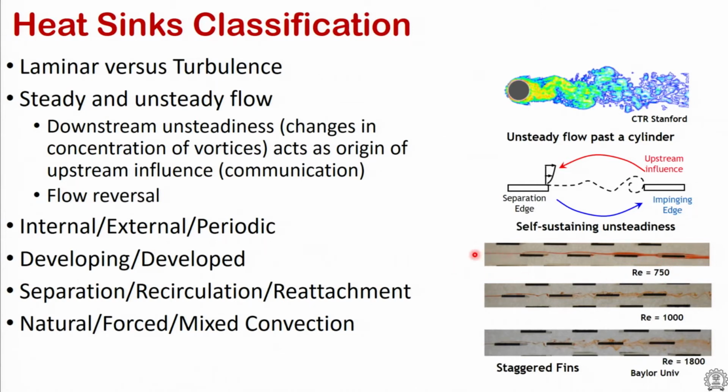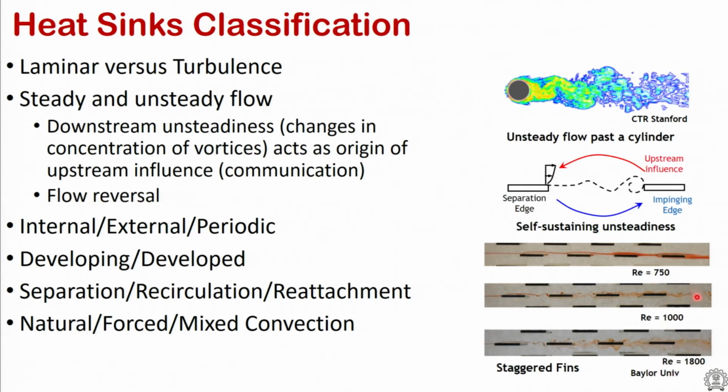As you put in a brown dye, there is not much of a change. This is very much a laminar flow. As you increase from 750 to 1000, now you start to see the vortex shedding from the first strip influencing the second one, and then the second one influencing the third and fourth, and eventually at around 1800 the flow becomes quite unsteady and also turbulent.